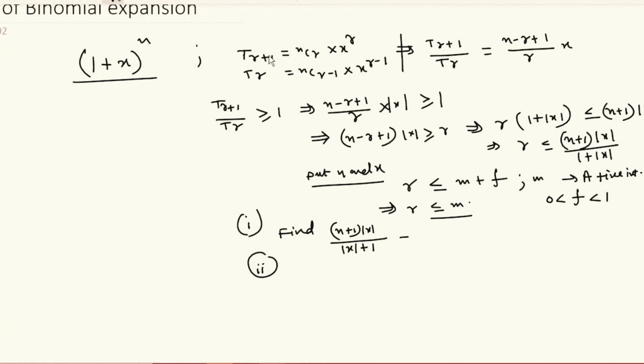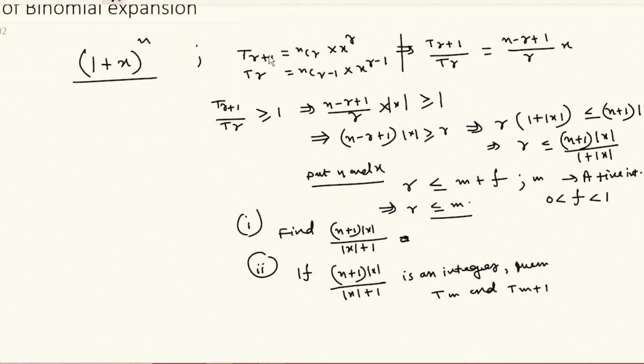You just write case 1: if (n plus 1) mod x by (mod x plus 1) is an integer m, then T(m) and T(m plus 1) are equal and both are the greatest terms.